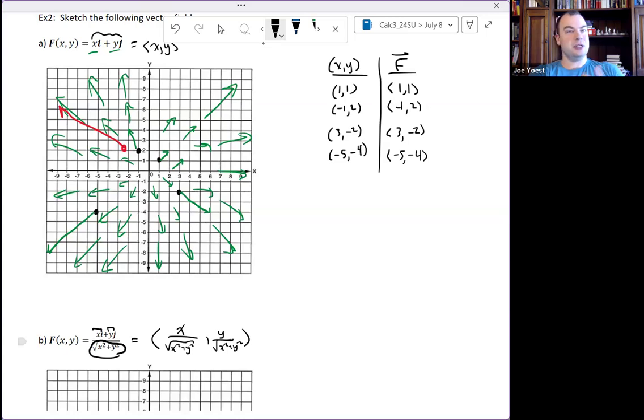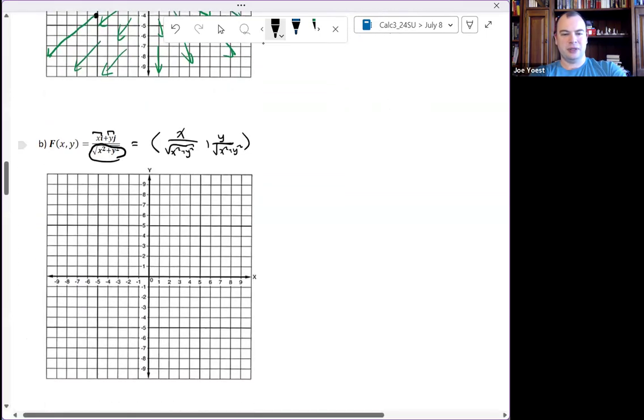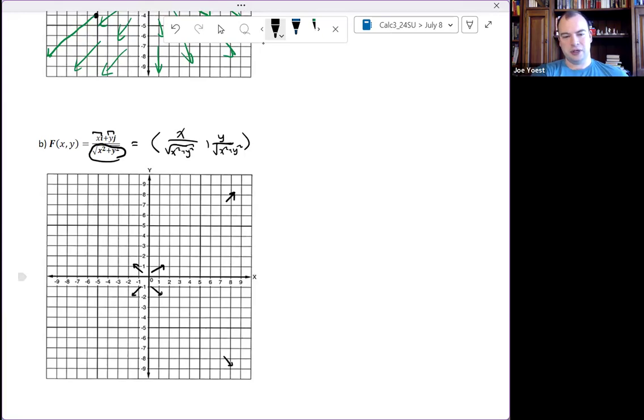I've changed the magnitudes. In fact, what I've done is I've scaled the magnitudes of these vectors all to be length 1. So the vectors very near the origin get stretched a little bit. The vectors way out here are still pointing directly away from the origin, but they're scaled to be length 1.